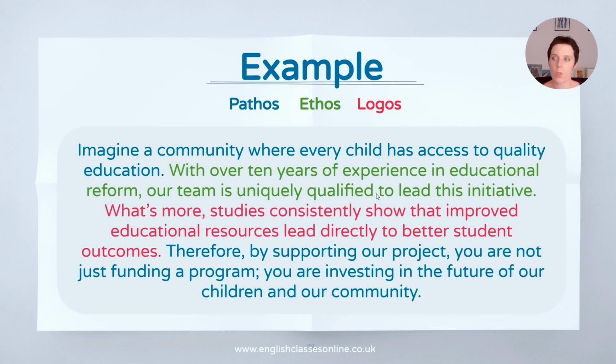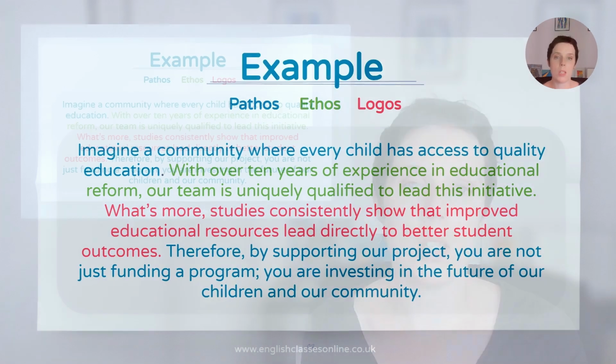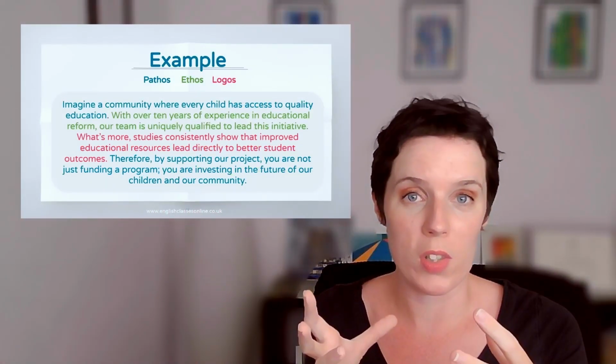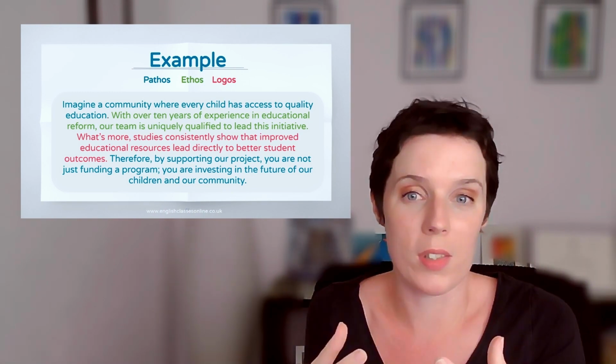What's more, studies consistently show that improved educational resources lead directly to better student outcomes, appealing to logic, giving statistics. And then we go back to pathos. Therefore, by supporting our project, you're not just funding a program, you're investing in the future of our children and community. So you can see how this is persuasive, how it's making you want to take action.